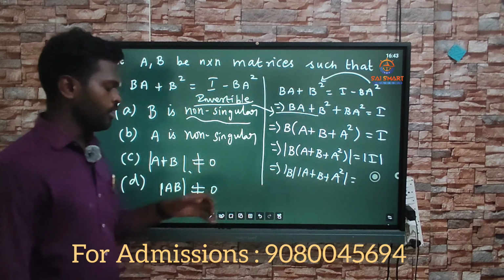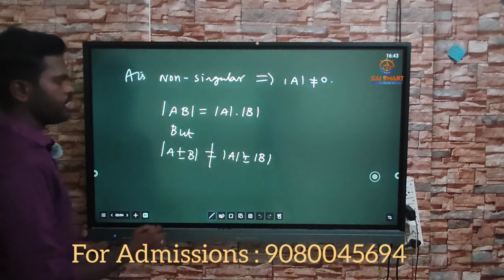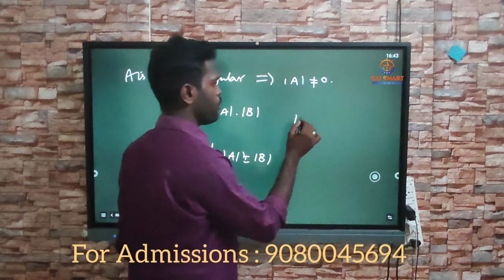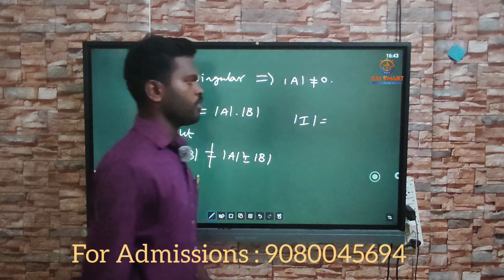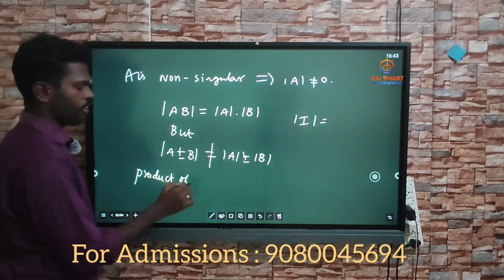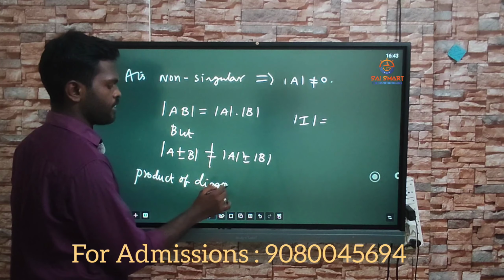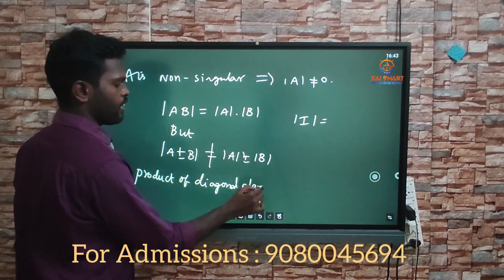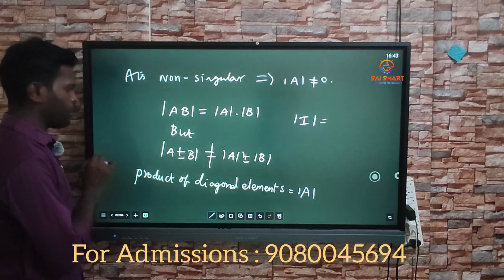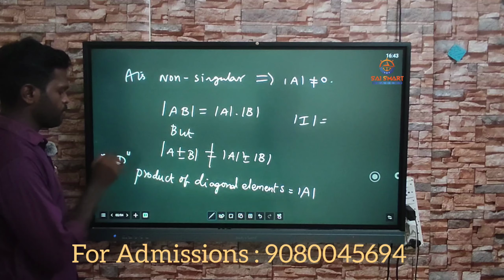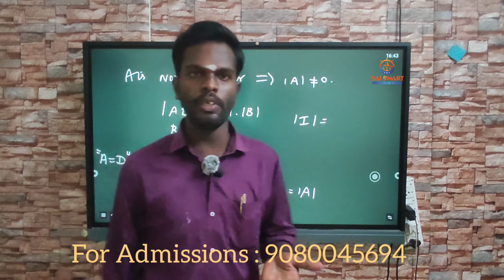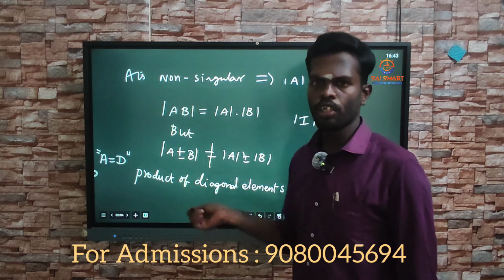So what is the determinant of I? We know I is the identity matrix, whose leading entries are 1 and other entries are 0. Also we know the product of diagonal elements is equal to the determinant, but note that this property holds only when A is a diagonal matrix of order n, then the determinant value must be equal to the product of the diagonal entries.